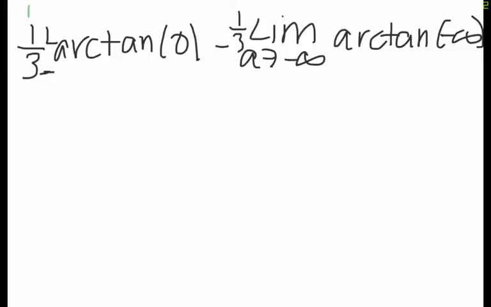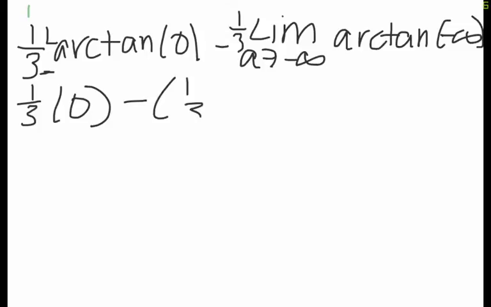The arctan graph wouldn't be a bad idea to throw a tiny version on your cheat sheet. I really wouldn't stress too much about having a detailed version. But arctan of 0 is 0. So 1/3 times 0. I'm not pulling that from knowledge, I'm looking at a graph when I do that, just so you know. When I go to negative infinity, I go to negative pi over 2, forever and always.